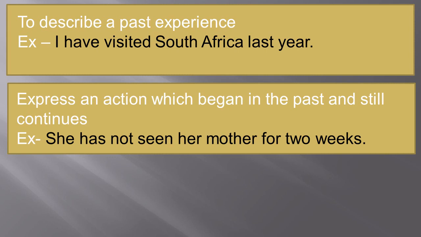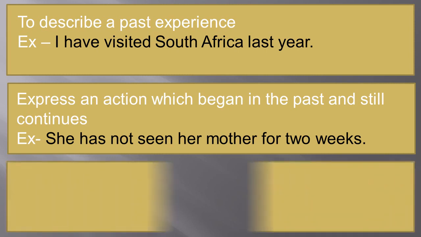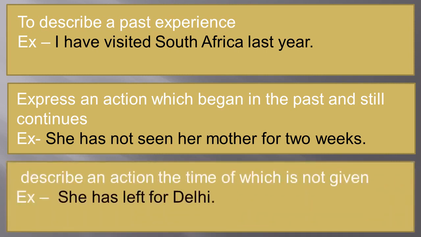She has not seen her mother for 2 weeks. That means it is a fact and it is still continuing that she has not seen her mother for 2 weeks. Another use: to describe an action the time of which is not given, when any suitable time or the latest time or specified time is not given.